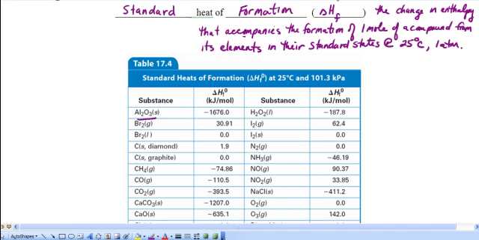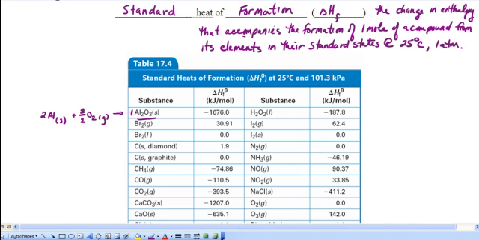What that means is for every 1 mole of this thing formed from 2 moles of aluminum, which is a solid at room temperature and pressure, you have to react that with oxygen, O2, which is a gas at room temperature and pressure. To balance this equation, because we are only forming 1 mole of substance, this would have to be a 3/2 out in front of the oxygen. But the bottom line is that you're forming 1 mole of substance from its elements in its standard state.